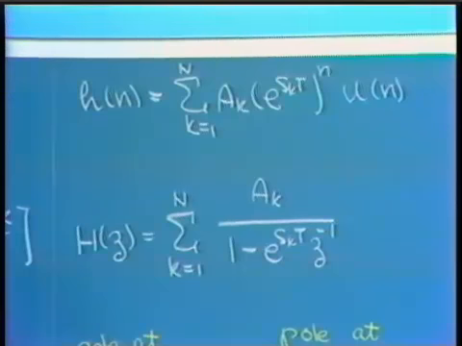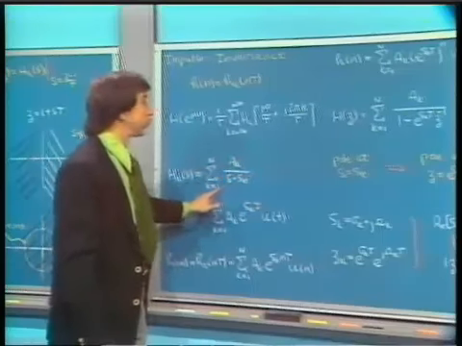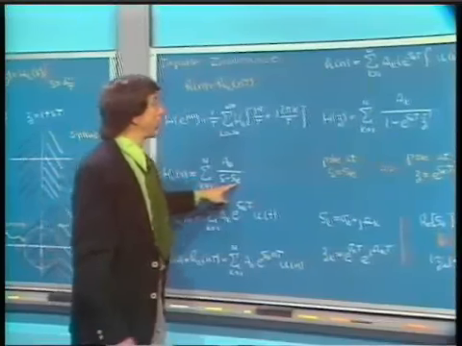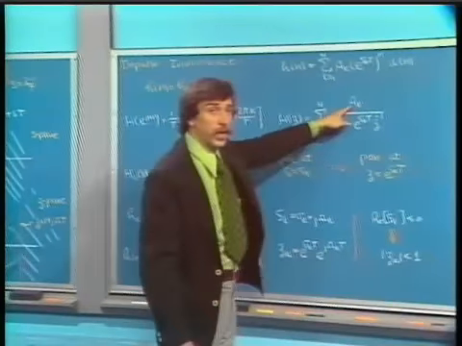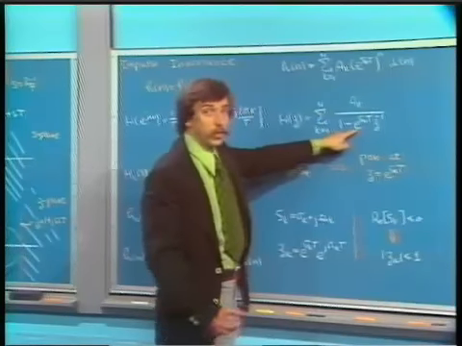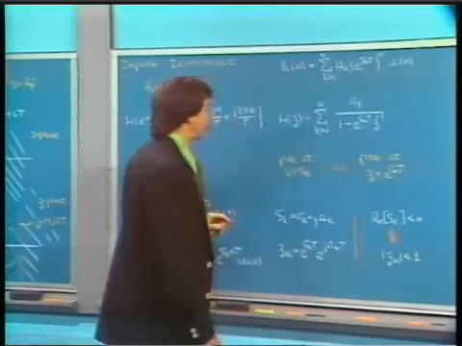So we started with an analog system function of this form, these coefficients and these poles. We ended up with a digital system function of this form, the same coefficients and poles, instead of at s sub k, as they were in the analog case, at e to the s sub k capital T.